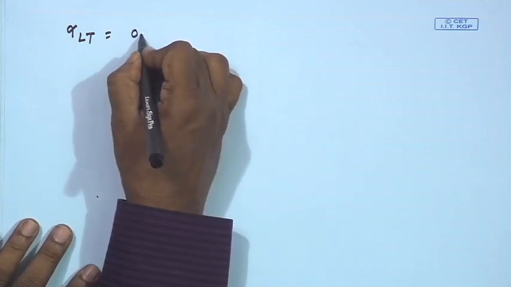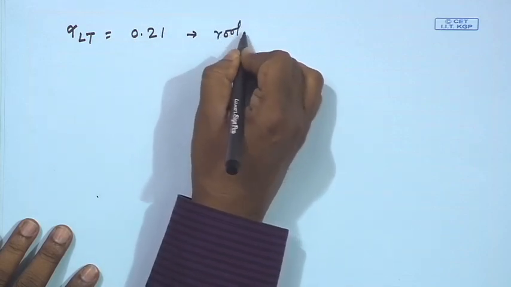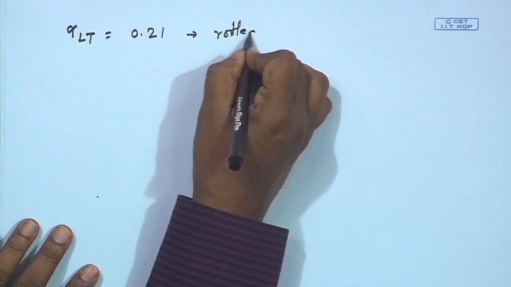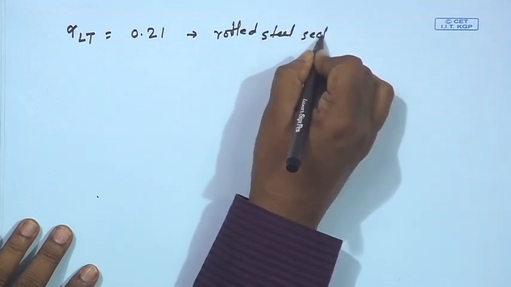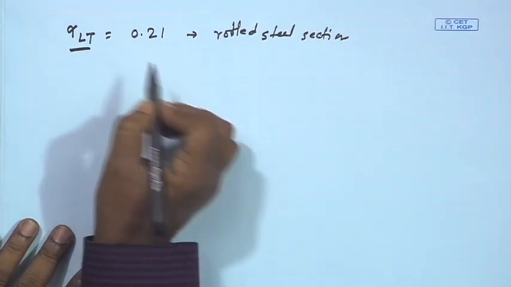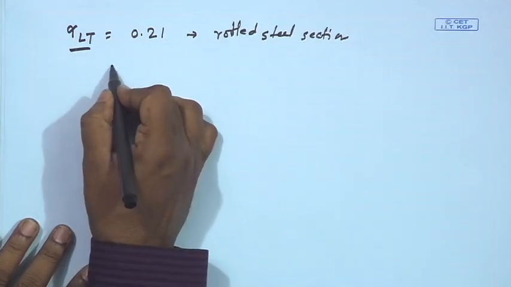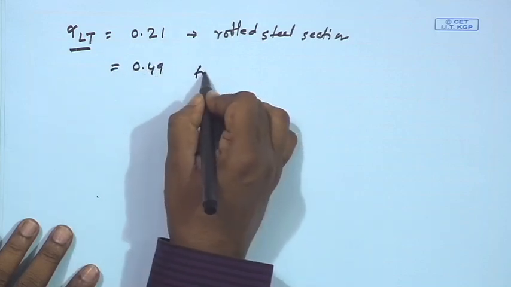We can consider this as 0.21 for steel rolled section. Okay. So, for all rolled section, the value of alpha LT can be found as 0.21 and it will be 0.49 for welded section.